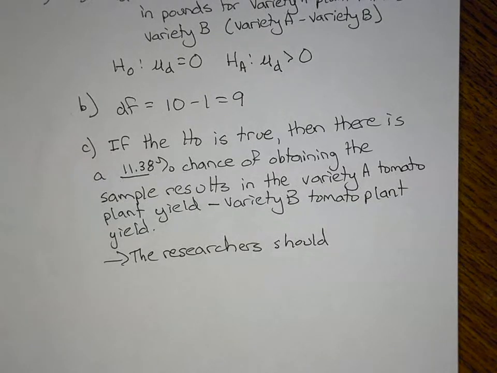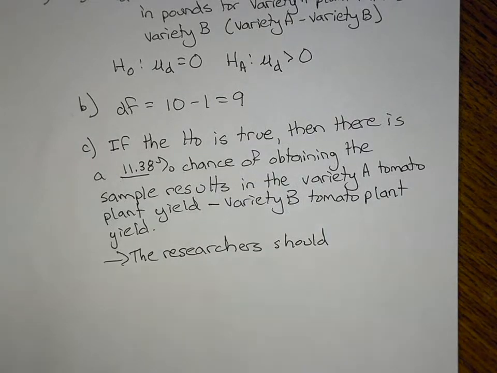What does it mean, chance of obtaining the sample result? They didn't tell us what our sample results were. If they had told us that the differences were an average of 2 pounds from variety A minus variety B, there would be like an 11.38% chance of getting that? Yes, but they didn't tell us what our results were. So I just left it written the way that they said it.